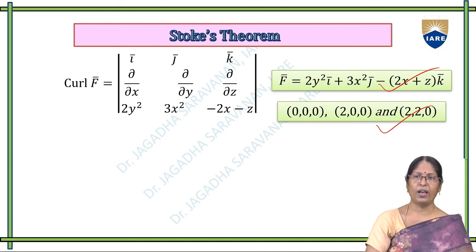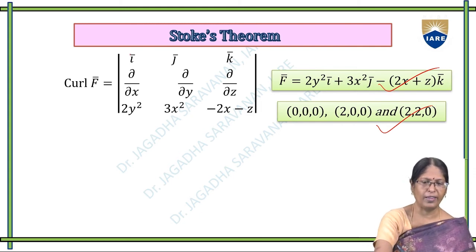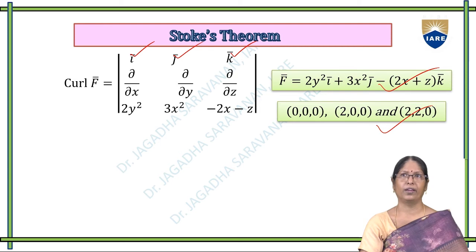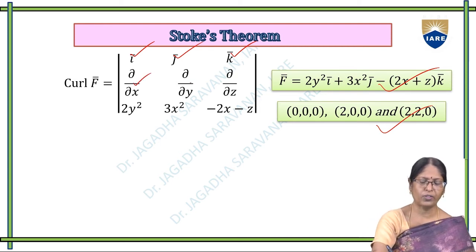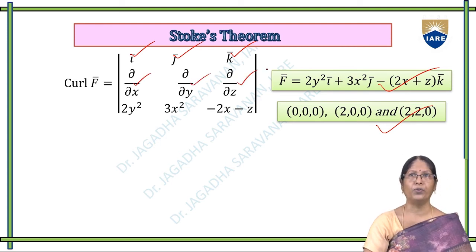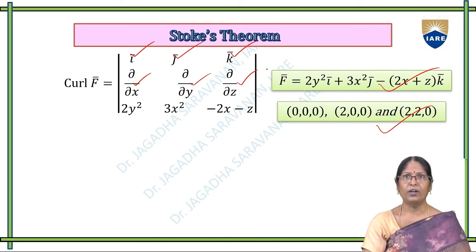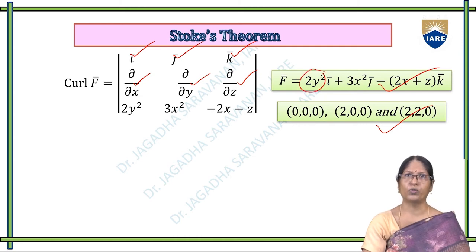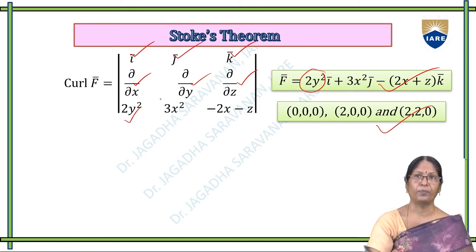So the curl f is nothing but i, j, k, then dou by dou x, dou by dou y, dou by dou z. Here, if you notice, the first entry is our 2y square, which is written here.